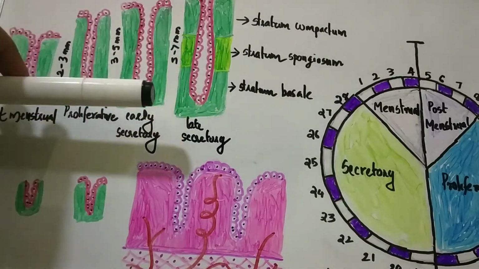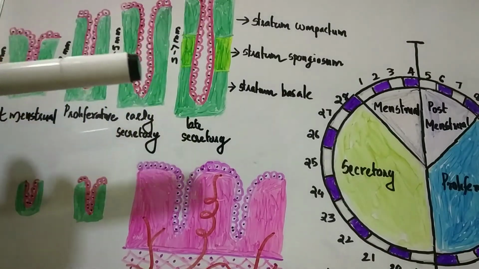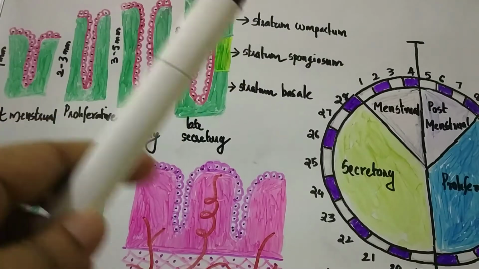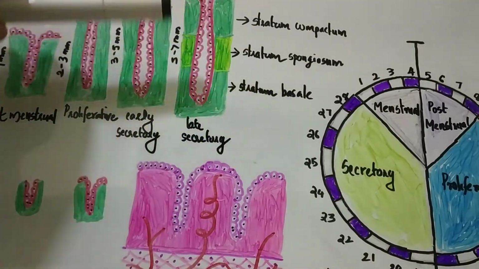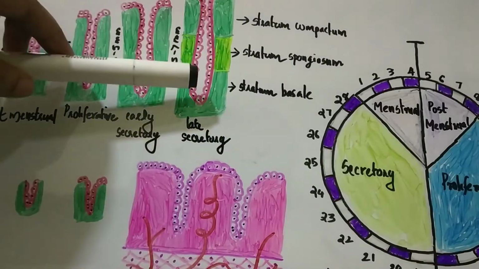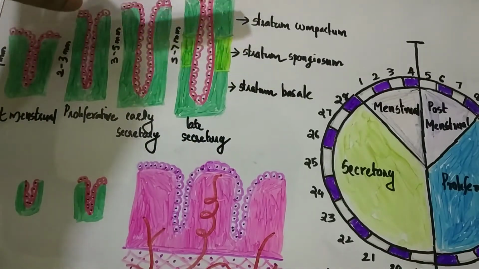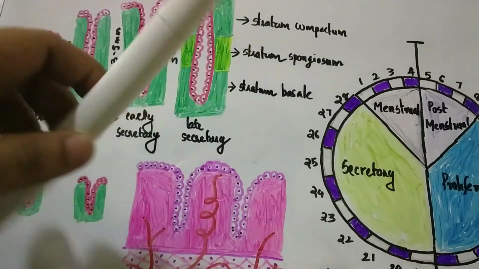The arteries start to grow, and finally reach the whole thickness of the endometrium, and they are called the spiral arteries. The three layers of the endometrium are the stratum basale, the middle stratum spongiosum, and the topmost stratum compactum. They are well defined during the secretory phase.